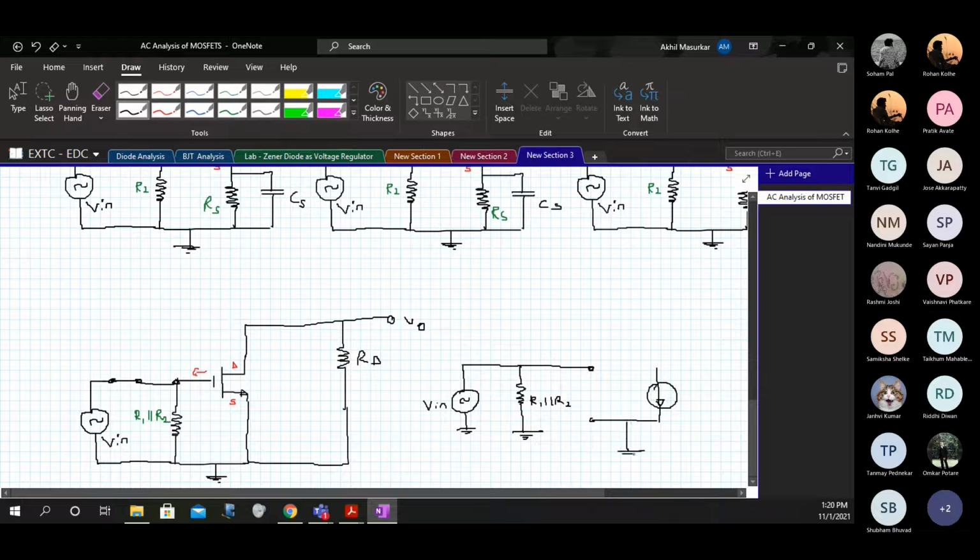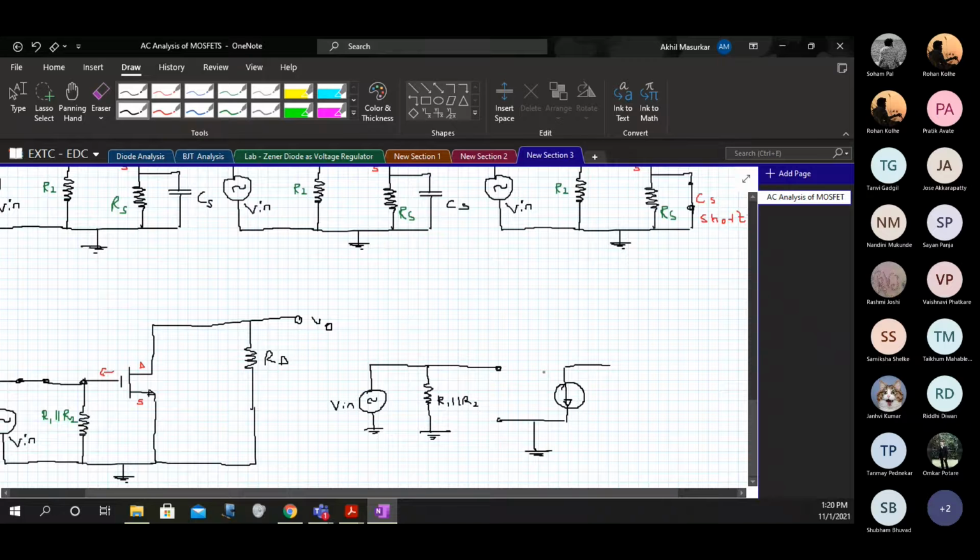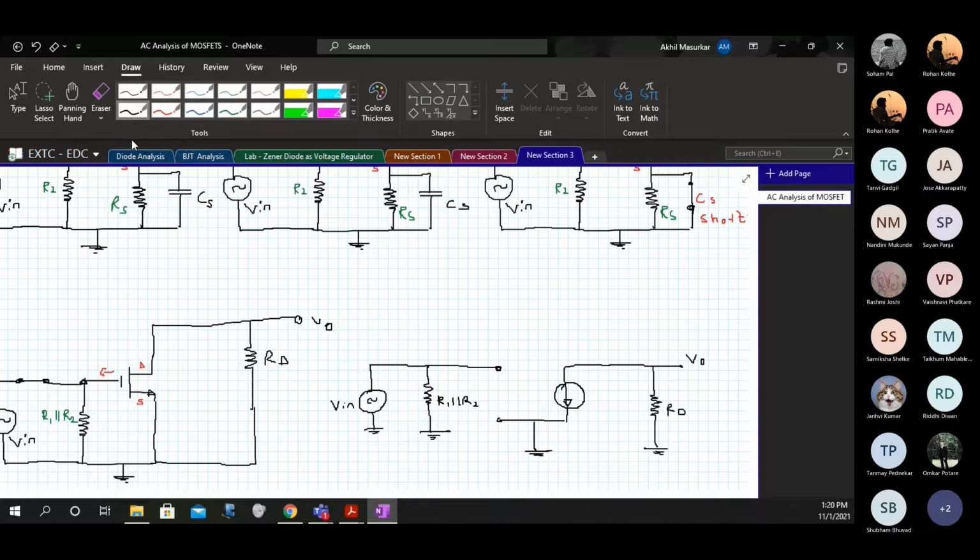Source is connected to ground, and then we have RD connected between drain and source. And this is my VL.